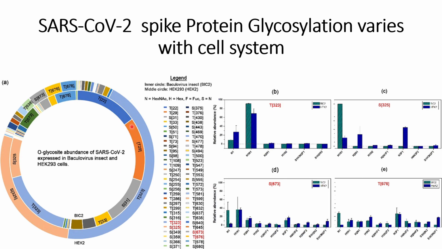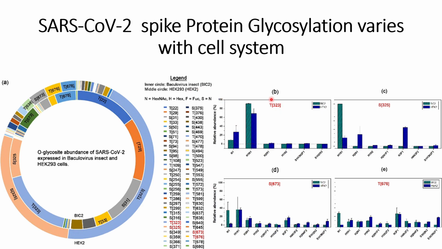The complete details of the sites found in both can be seen from the legends. The right side of the panel, panels B, C, D, and E, represents some of the highly abundant O-glycan sites and compares them between both the cell lines.